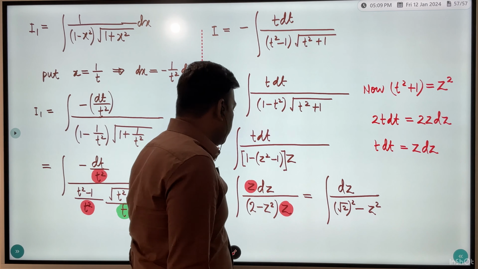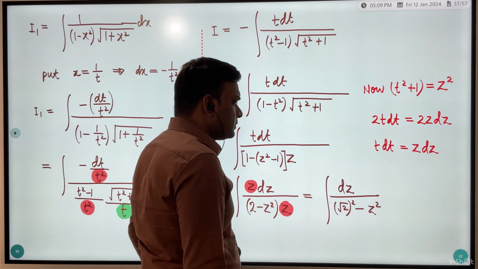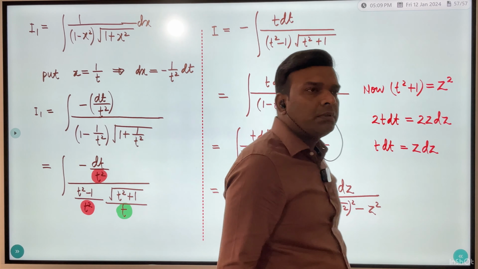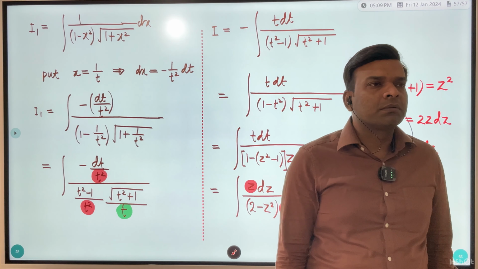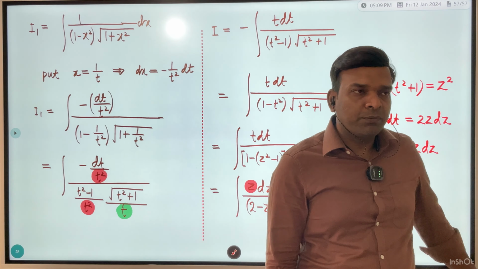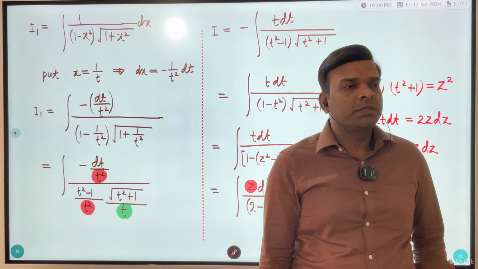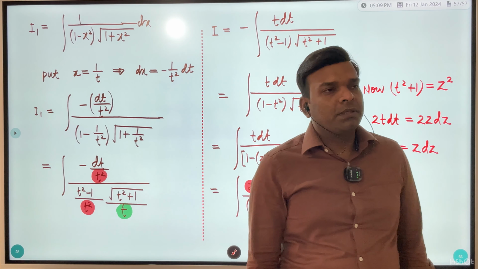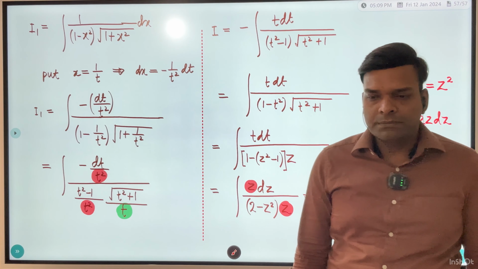So now we can apply the formulae to get the value of this integration. It is a very easy task to integrate this given integral, so we will apply the standard formulae here to get the final answer for the integral I1.